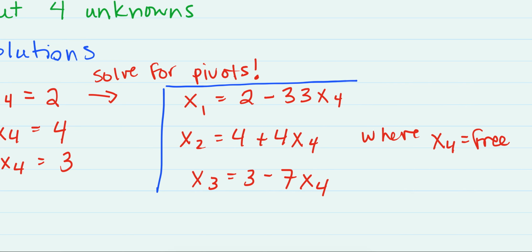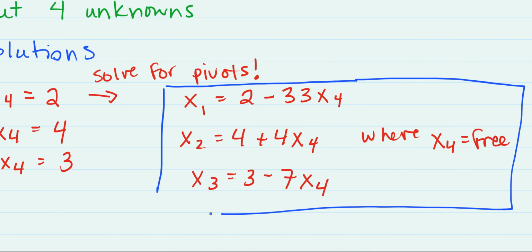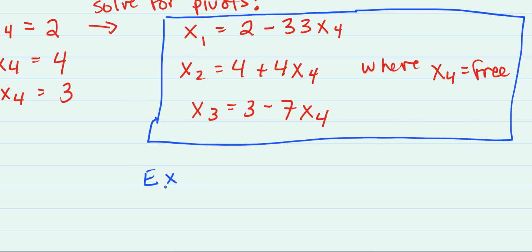We have one free variable and 3 other variables that depend on that free variable. So what is this saying? Whatever we choose for x4, let's say we choose 0, we can find x1, x2, and x3. So for example, a solution would be if x4 is 0, then x1 is 2, x2 is 4, and x3 is 3.